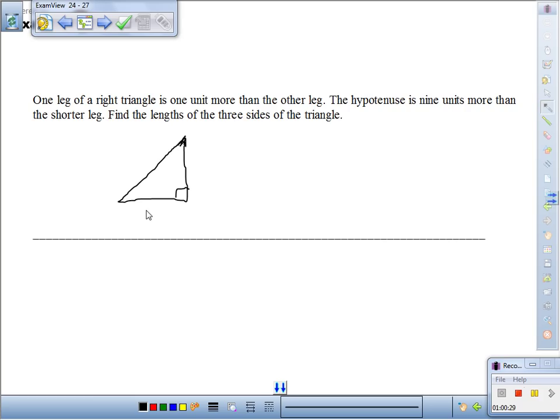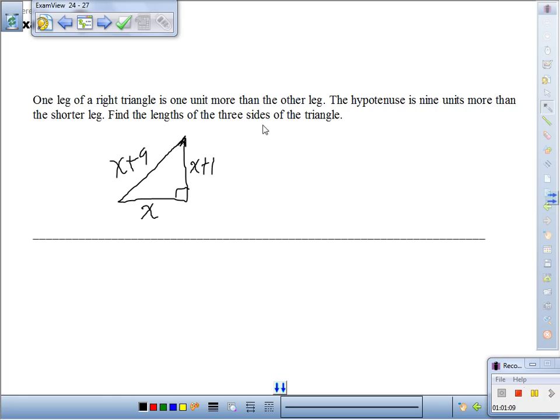So, do we know what the first leg is? Therefore, what can we label it? X. If the other one is 1 unit more than the other, what can we label the other? X plus 1. Then it says the hypotenuse is 9 units more than the short leg. The short leg is X, so what is the hypotenuse? X plus 9.